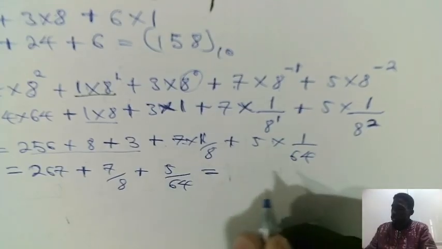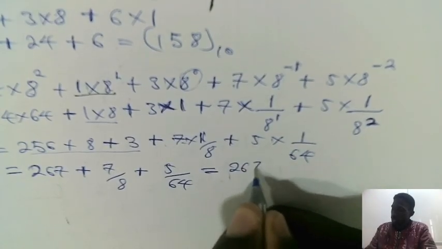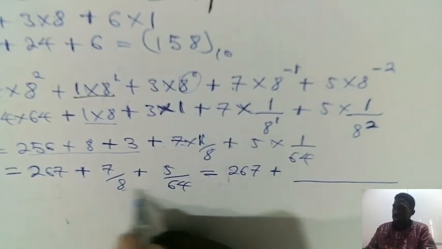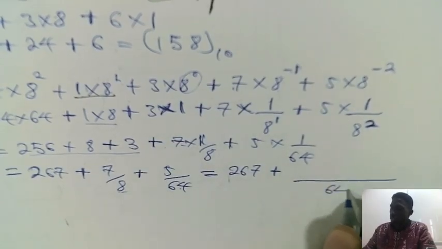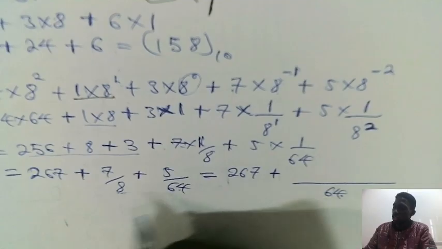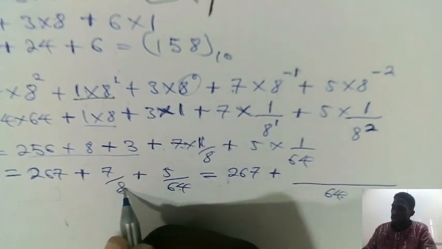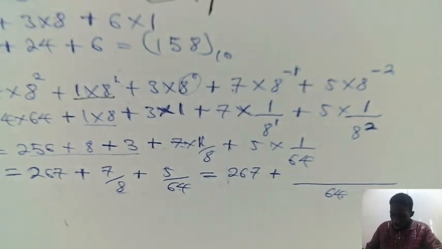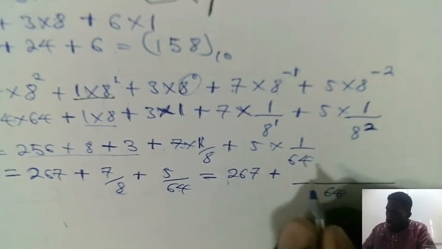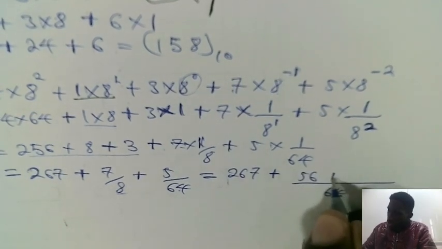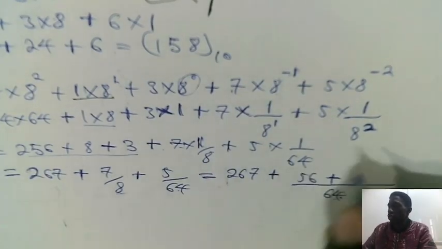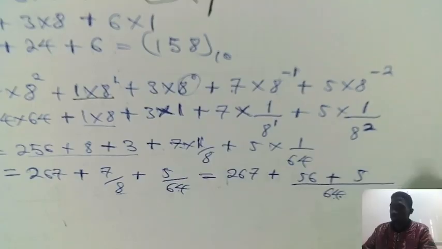The LCM here is 64. 64 divided by 8 is 8, so 8 times 7 is 56, plus 64 divided by 64 is 1, times 5 is 5.